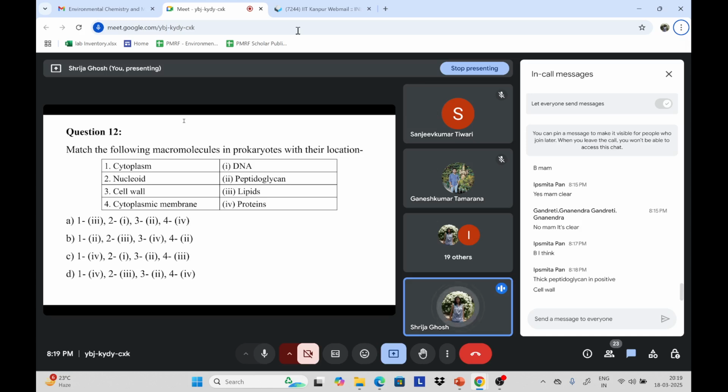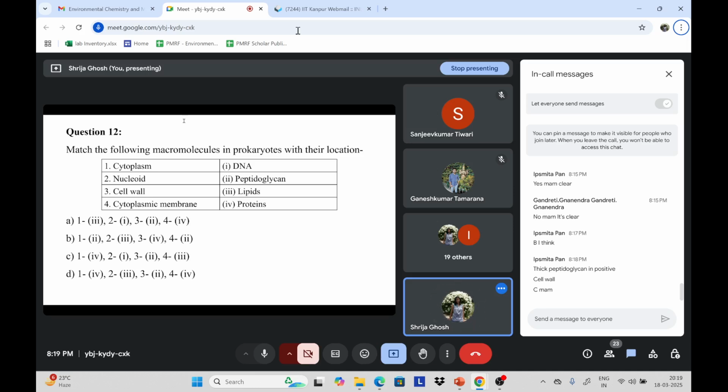And what about others? Option C. Cytoplasm with protein, nucleoid with DNA, cell wall with peptidoglycan, and cytoplasmic membrane with.